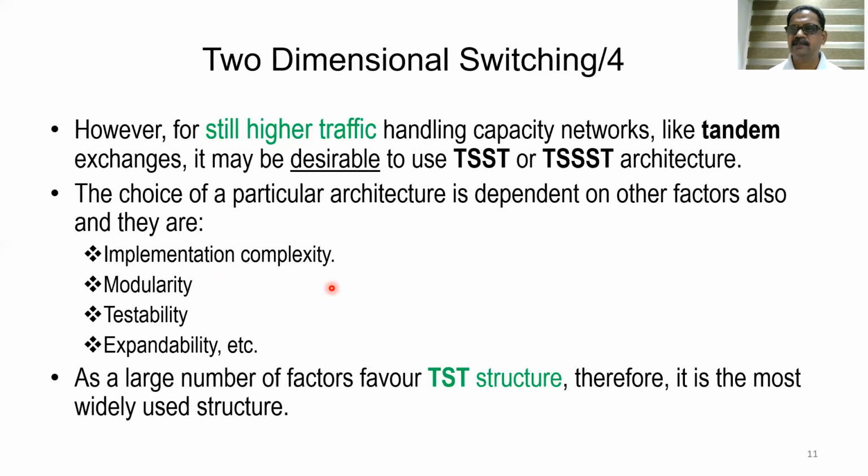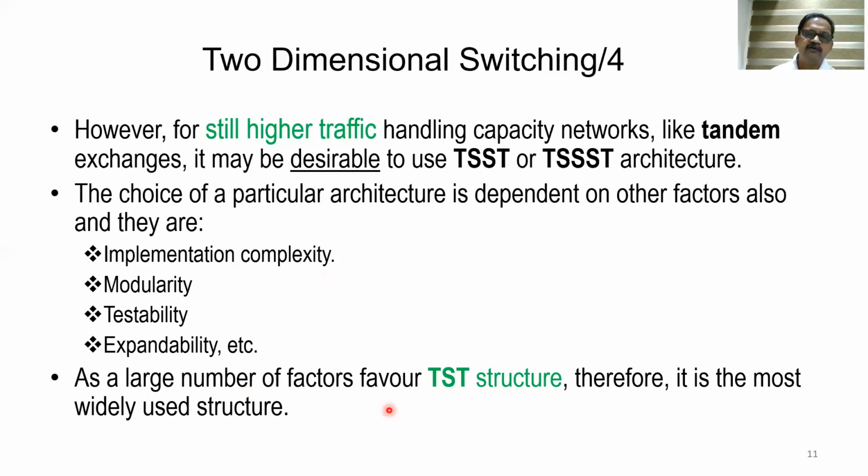Then expandability. In future, say you are installing some 6,000 line sections. Tomorrow you may have to expand it to 10,000 or 20,000, depending upon the increase of the subscriber base. So whether the architecture we are adopting is suitable for expandability or not, we also have to take into consideration before deciding the architecture of the switching network.